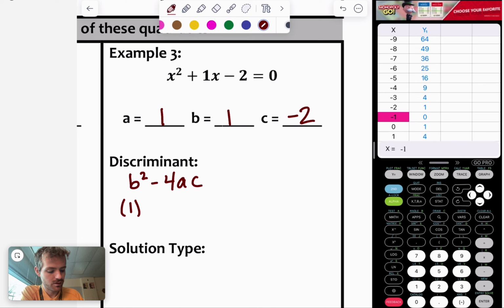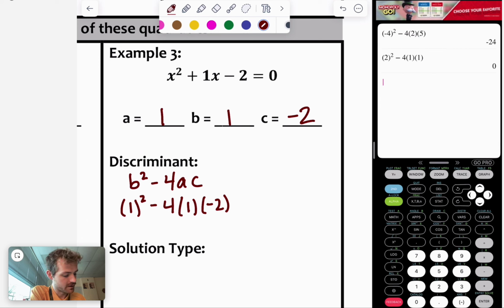So B is 1 squared minus 4 times 1 times negative 2. I will type this in, times 1 times negative 2. Click enter. We see this discriminant is going to equal the value of 9.